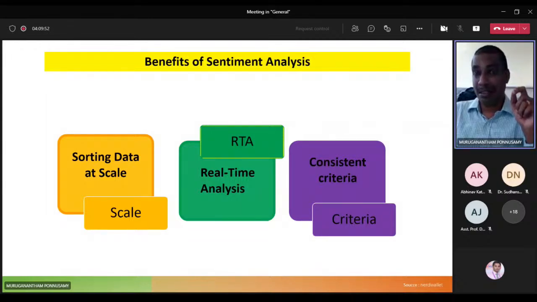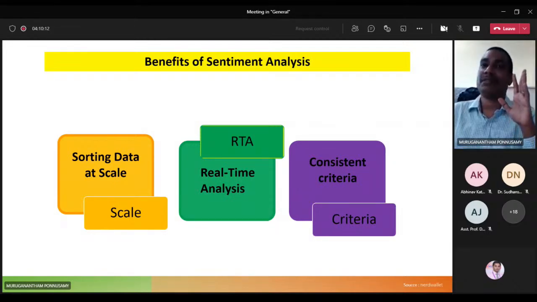As per the research, people only agree around 60 to 65% of the time when determining the sentiment of a particular text, not 100%. So the consistency is again a questionable one, right?